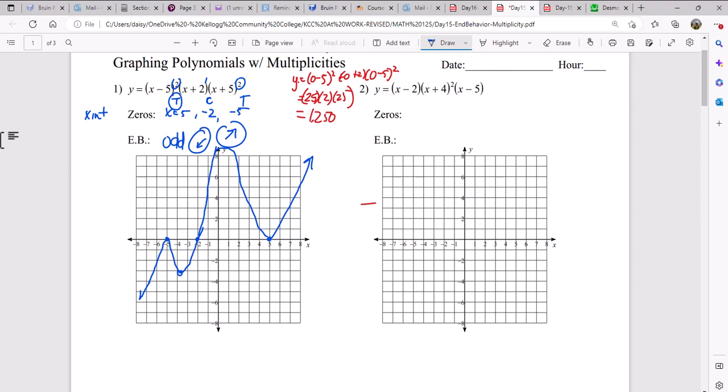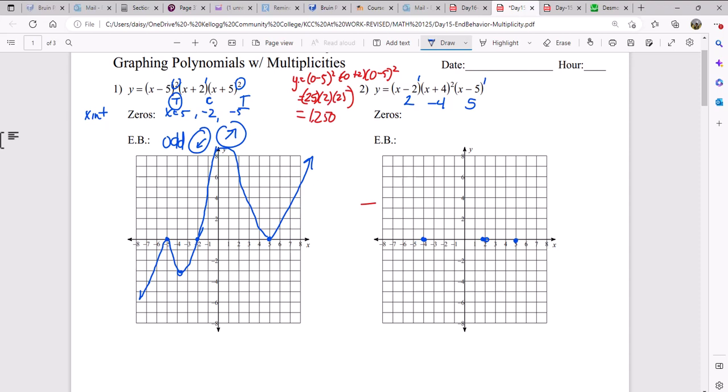This is easy. Again, the zeros here are at 2, at -4, and at 5. So I know that at -4, at 2, and at, oops, that was supposed to be 2, not -2, 2 and 5. Let me erase that little guy. This is where I'm going to have my zeros. Now, if I look at it, we have a degree of 1, degree of 2, degree of 1.